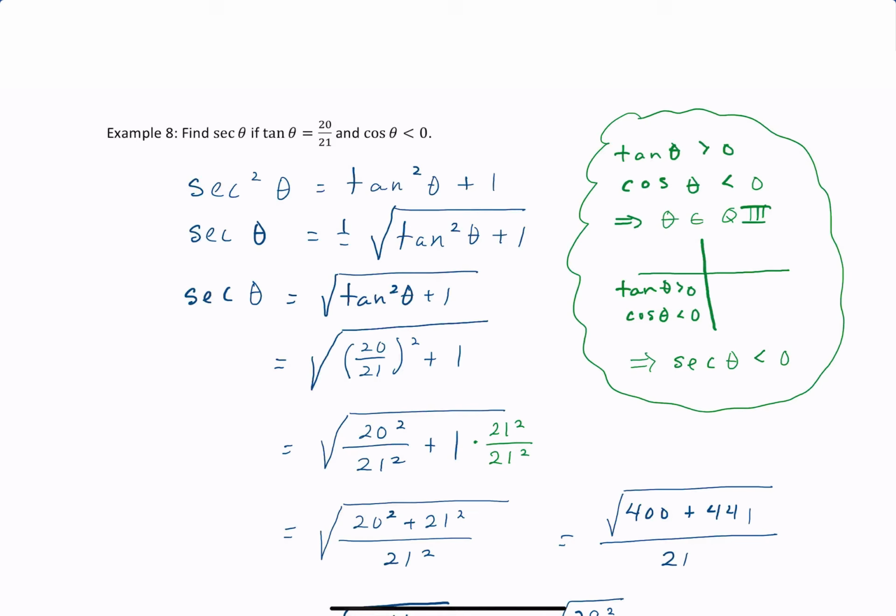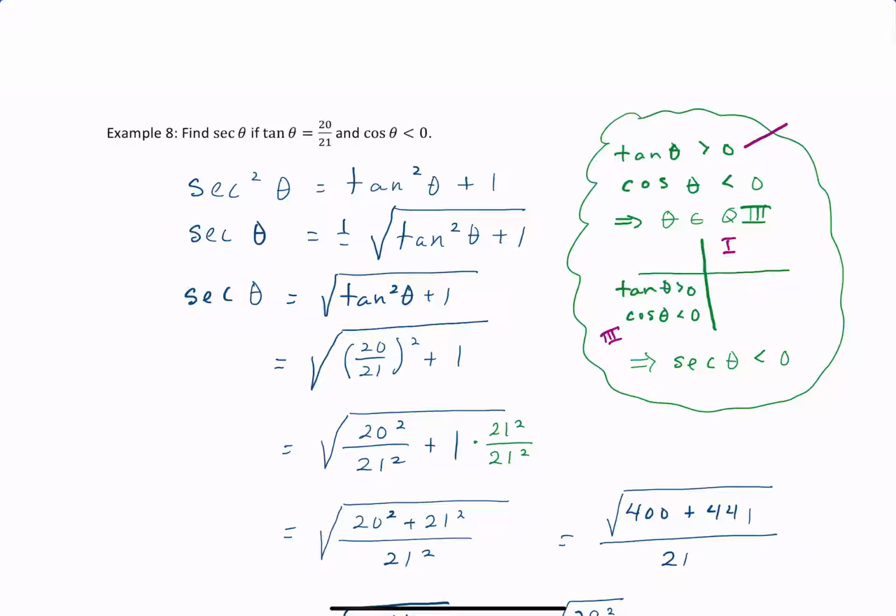Now to choose the square root, we need to know what quadrant theta is in. Notice that tangent of theta is positive. That tells me that I'm either going to be in quadrants 1 or 3.